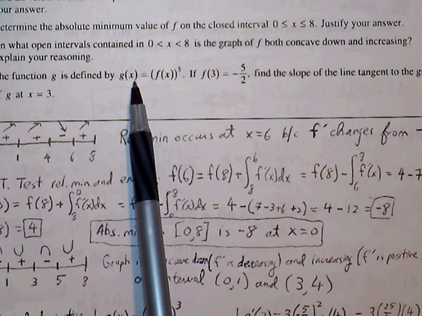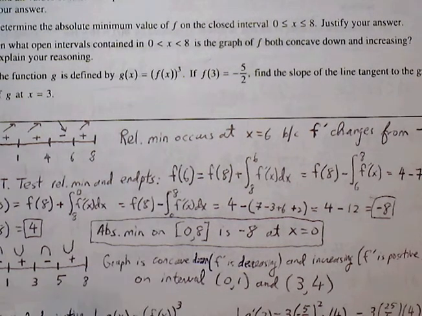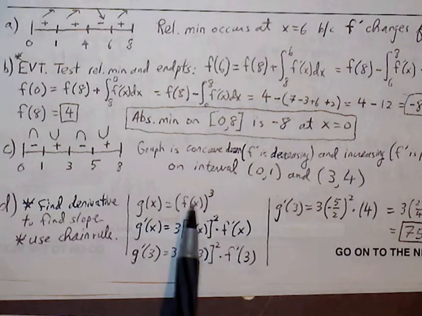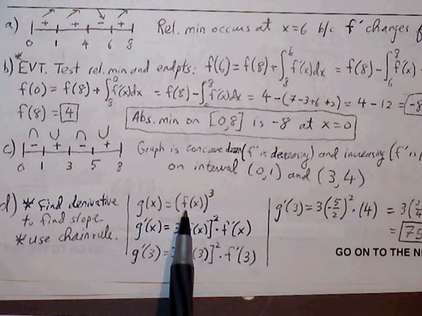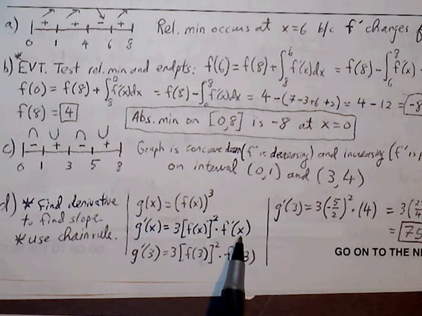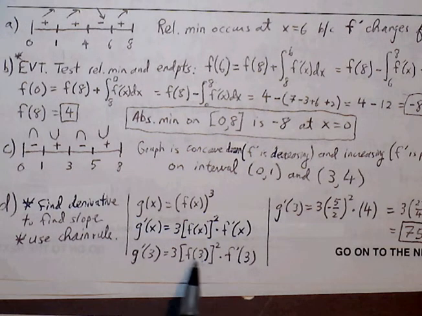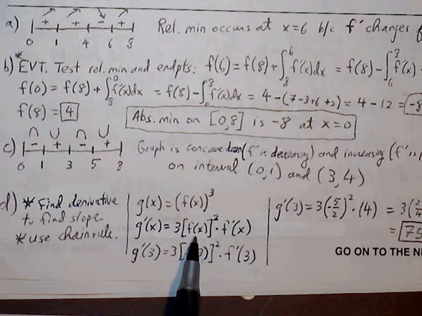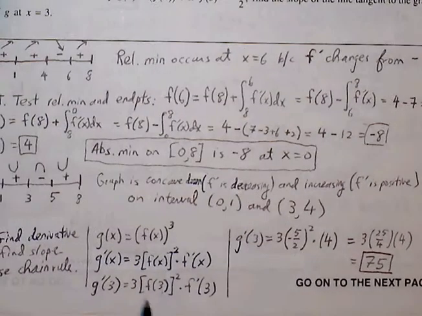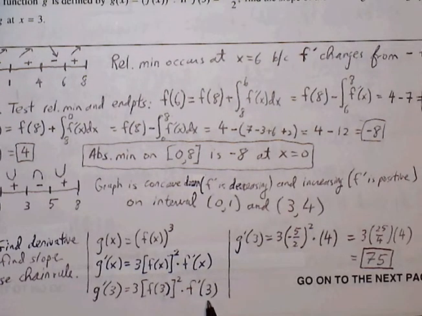To find g prime of x, we have to go through chain rule because we have f of x quantity cubed. So the derivative of f of x cubed is 3 f of x squared times f prime of x. Next step, we want to evaluate each of these values. So replace x with 3 for each of the x values. F of 3 is simply negative 5 halves. That's given to us in part D. And f prime of 3 is going to be 4 because we can look at the graph to determine where f prime of 3 is.